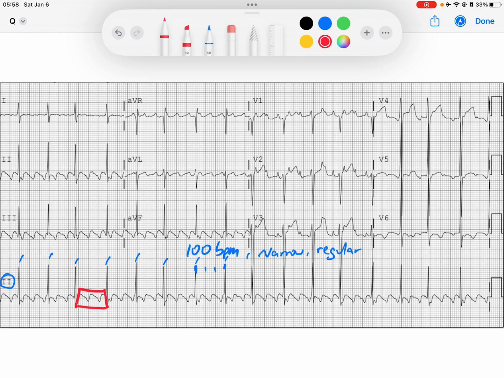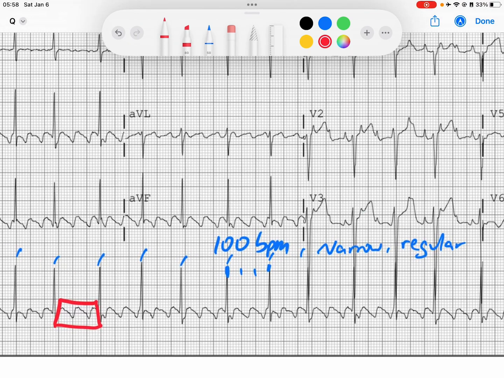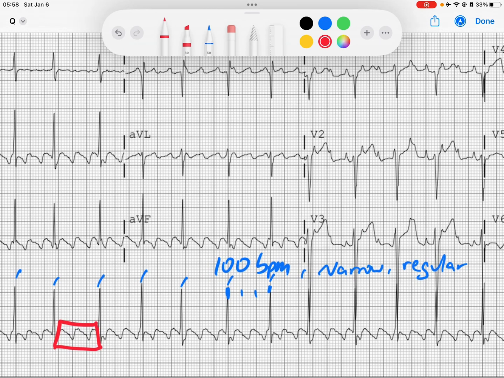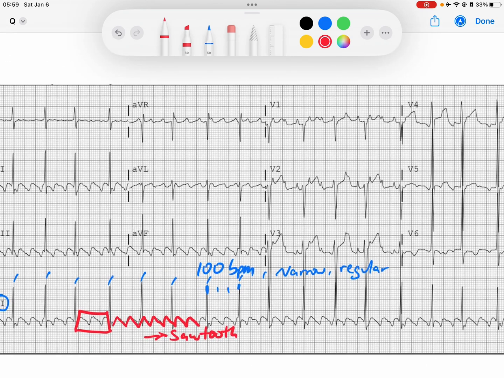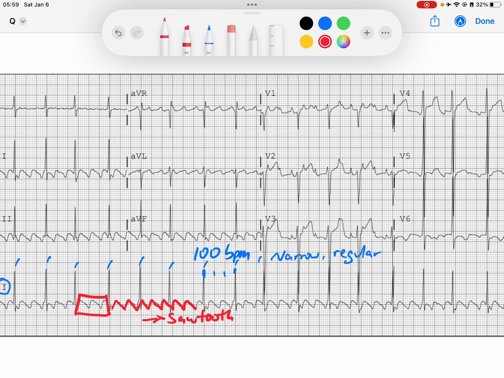What I do notice, though, if I zoom in on lead 2 down here at the bottom, is that we've got this sawtooth pattern of atrial activity. And so that should kind of jump out to you. We see we've got a sawtooth pattern.